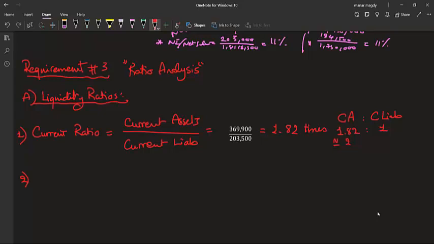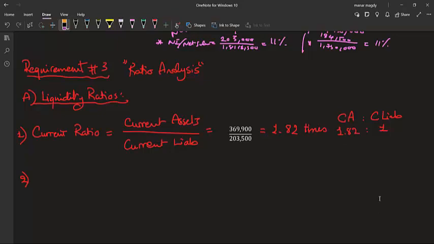So it has this amount of power to cover liabilities. It can fulfill its liabilities by 1.82. Okay, so the higher the better, because it shows the company's ability to fulfill its short-term liabilities.